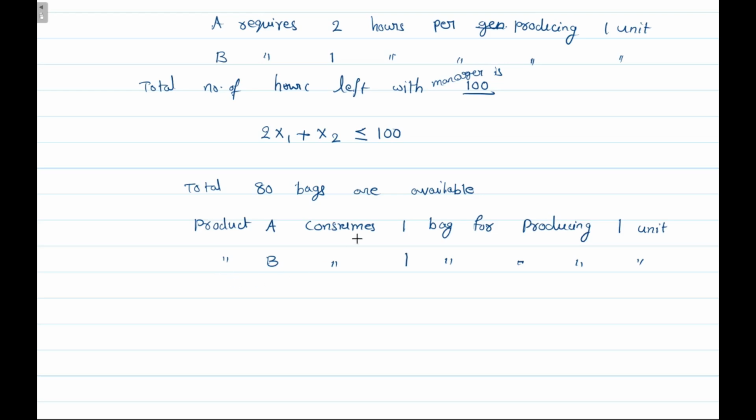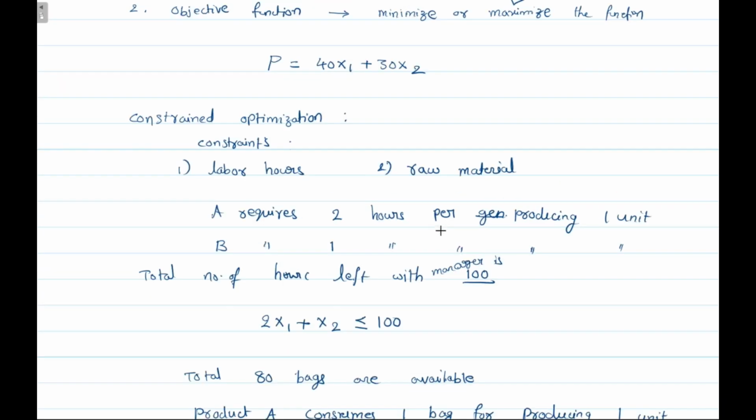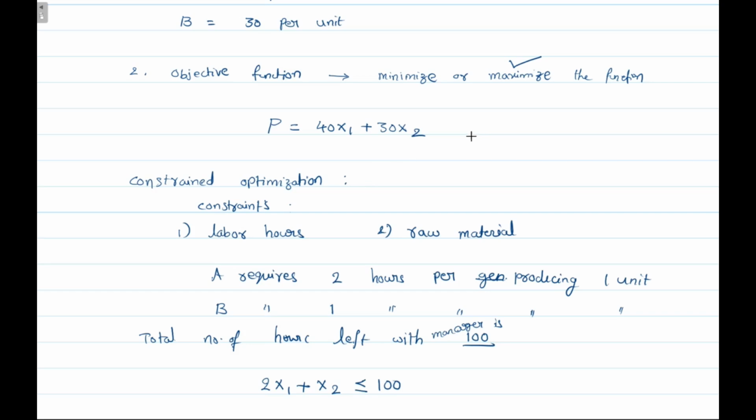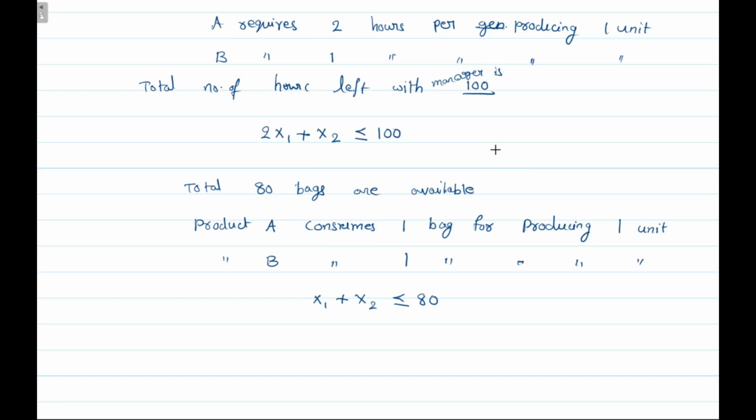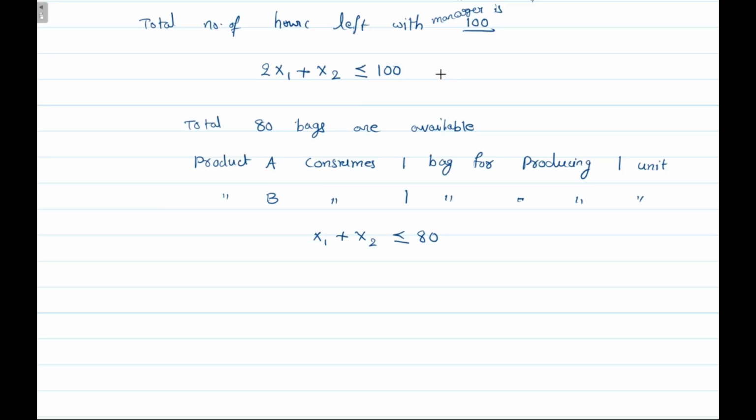So now if I represent this in terms of mathematics, that is x1, because only one bag is consumed by A, plus x2 less than or equal to the total number of bags available, which is 80. So two constraints are available. Our objective function is P equal to 40 x1 plus 30 x2, and this is the second equation, and this one is the third equation.